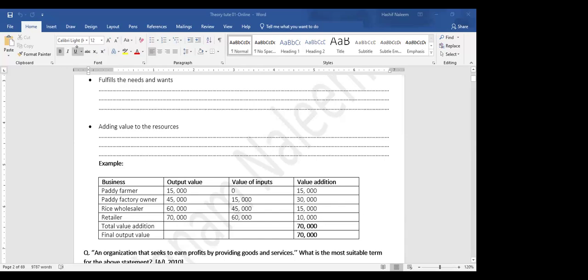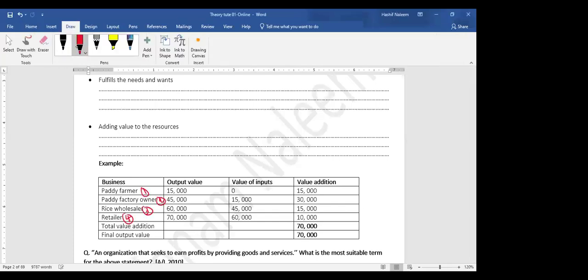When you take a paddy farmer, the value of his input is zero. You have a land, you don't need to invest anything, so you can just cultivate. Your input, the effort, is zero. But when you cultivate, you will get paddy. The farmer will go and sell that paddy for 15,000. Remember, value addition is your output minus your input.